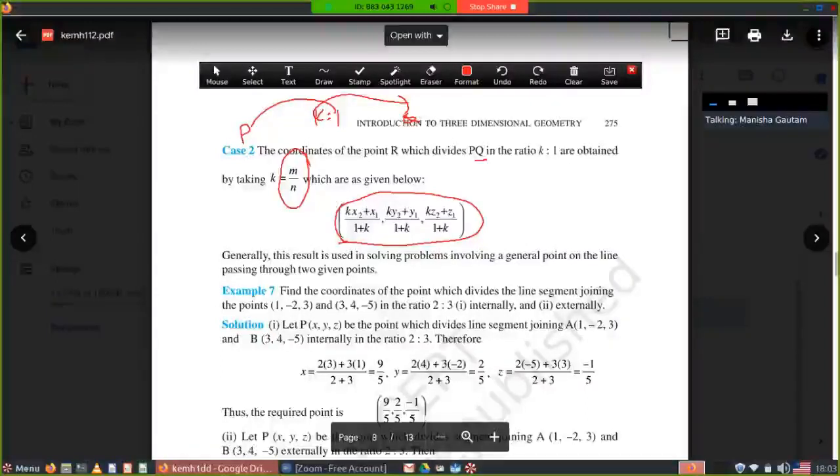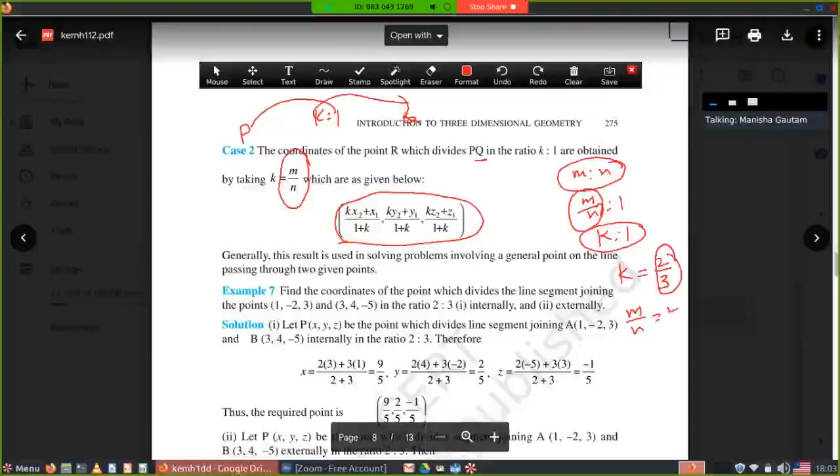From where this k came, I'll just explain to you. M ratio n you have studied in the formula. If I divide both ratios by n, you will get m upon n and this becomes 1. And this m upon n can be taken as k:1. So when you calculate the value of k, say k is equal to 2 upon 3, it means m upon n is 2 by 3, so m is 2 and n is 3.